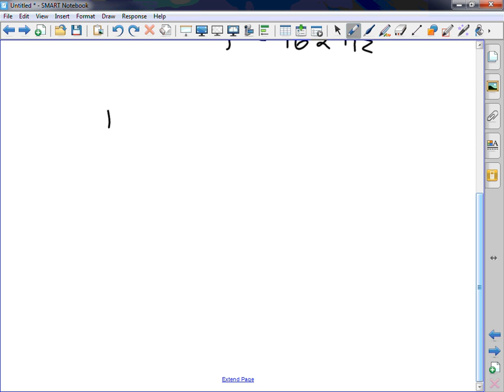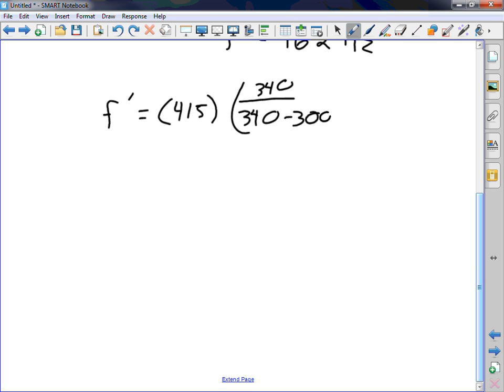So now I've got F prime equals, I said it was producing at 415, times 340 divided by 340 minus 300. What does this F prime come out to be?